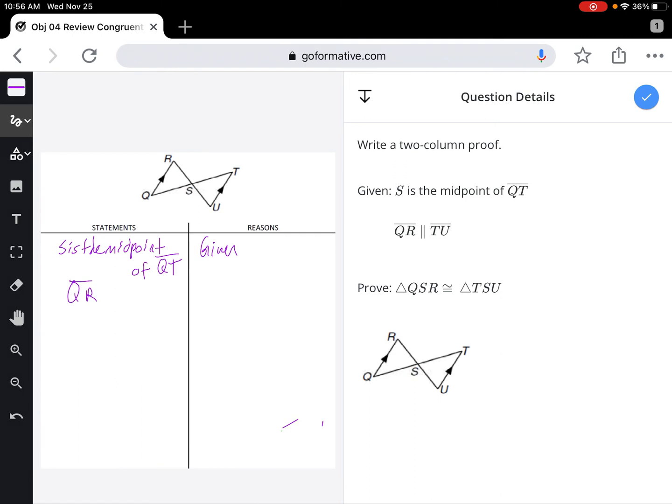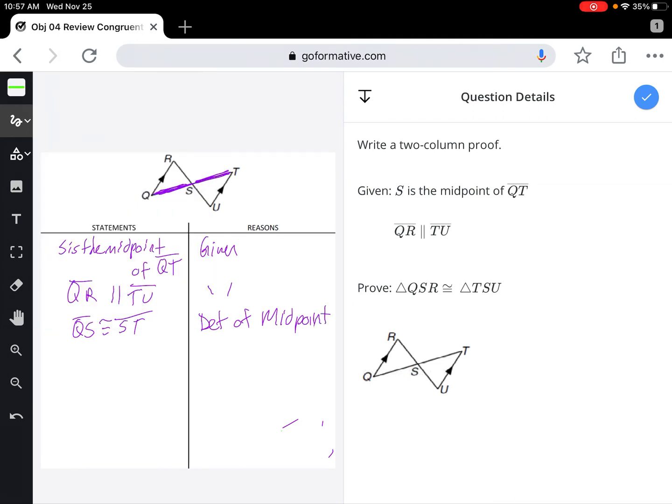And you're also given QR is parallel to TU. That's also given to you. There are a few ways to do this. I'm going to do it just one way. I'm going to first use the first part. S is the midpoint of QT, so I know QS must be congruent to ST, and that's by definition of a midpoint.